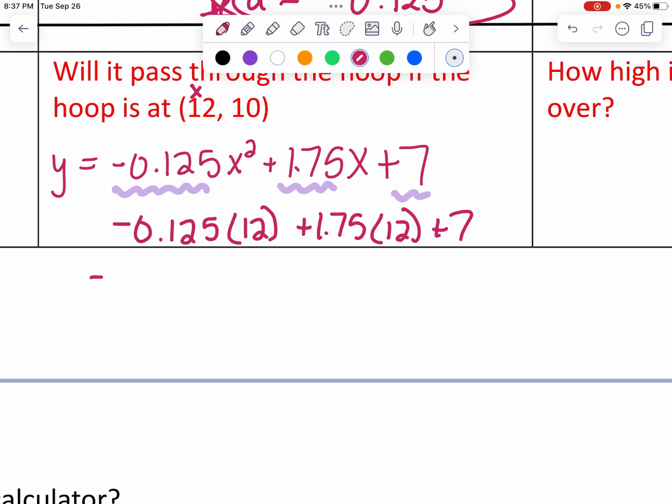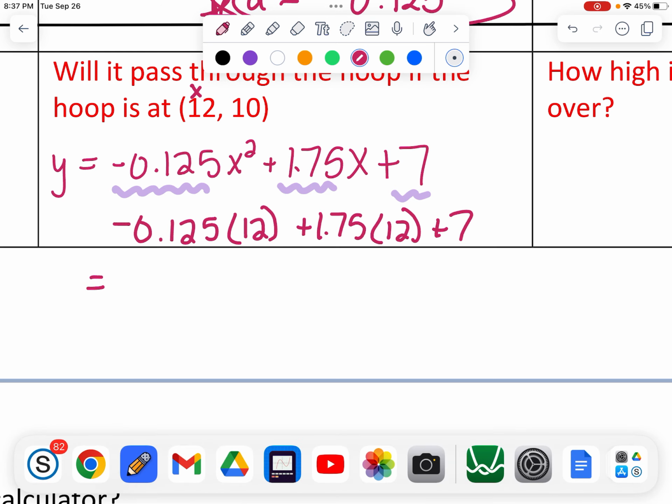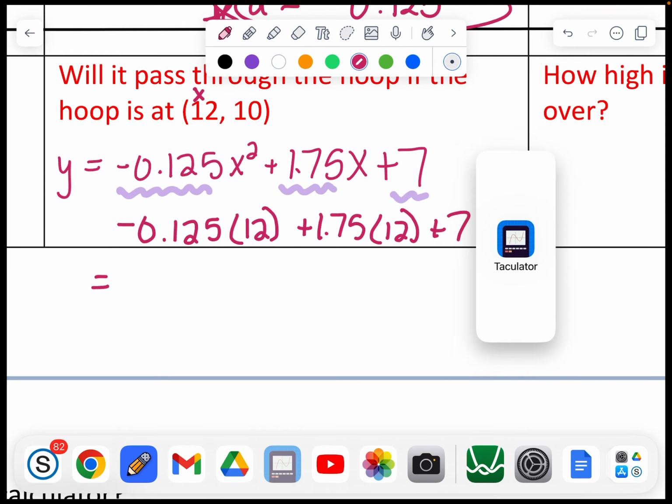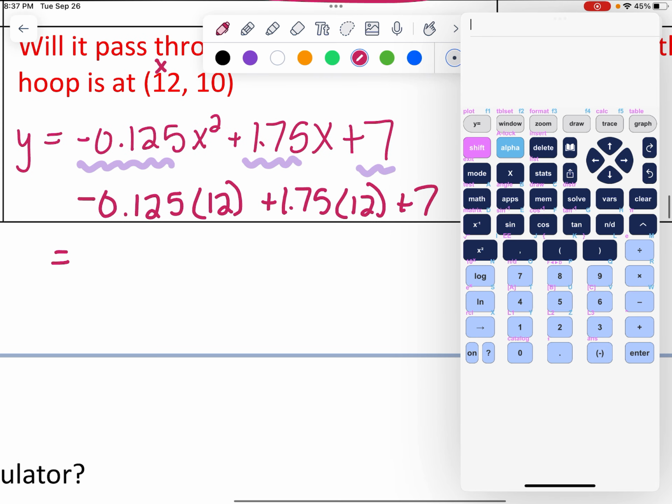Now, if I get the answer of 10, then yes, it goes perfectly through the hoop. Let's see if we have perfection, okay? Let's see. So negative times 12. Oh, I almost forgot to square it. That would have been so embarrassing. Plus 1.75 times 12. But some of you noticed that, huh? So I get 10. Nice.